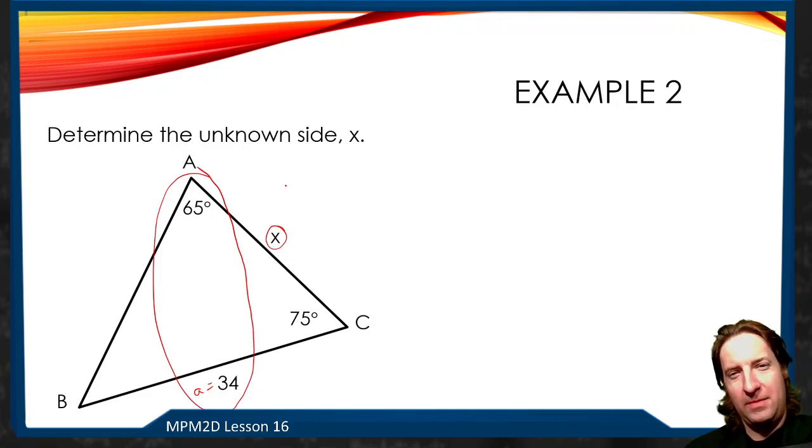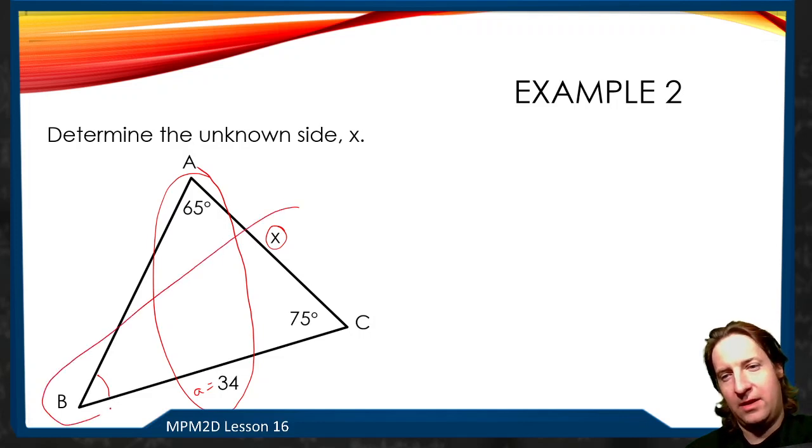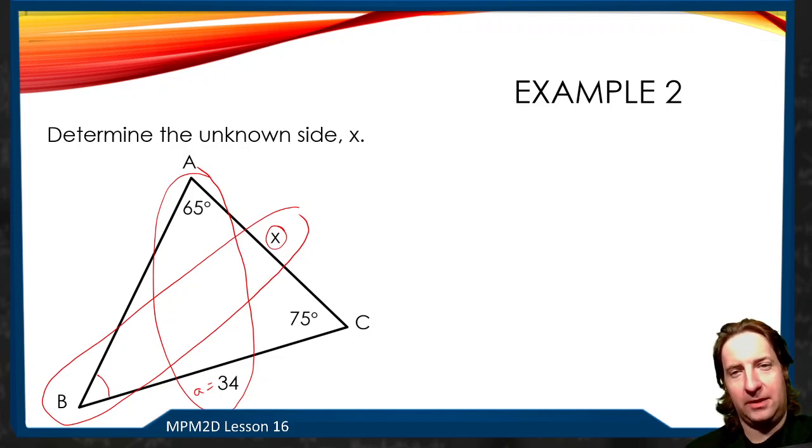Now, the problem is I don't have angle B. I don't have this pair. I don't have the information here. For me to use in my formula sine of B divided by X, I need to know what that angle is, right? I have here sine of C, but I don't care about side length c.